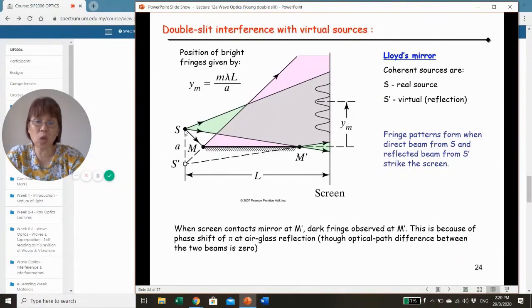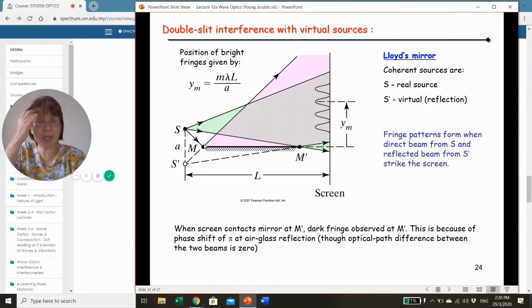We have a source S at a certain offset position, giving out a beam. One beam is not reflected and falls directly on the observation screen, which is perpendicular to the mirror surface.